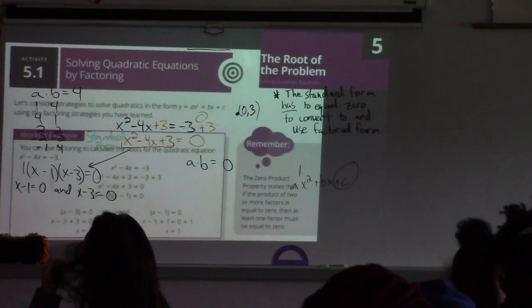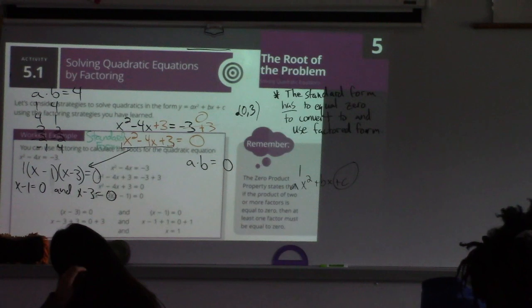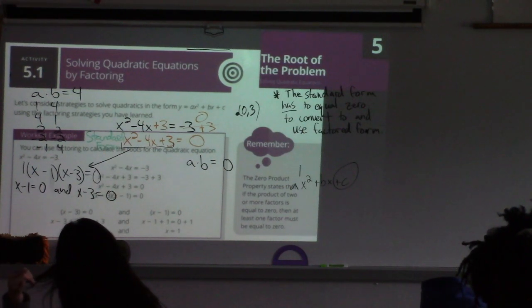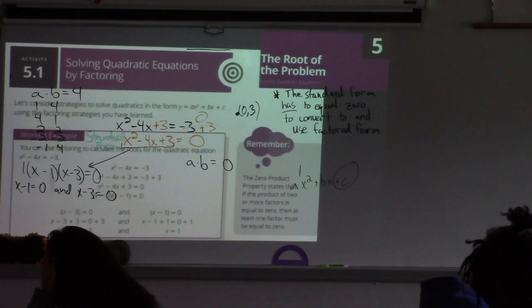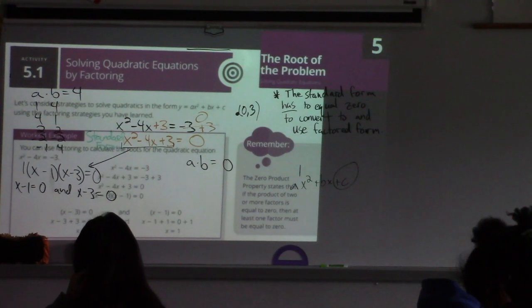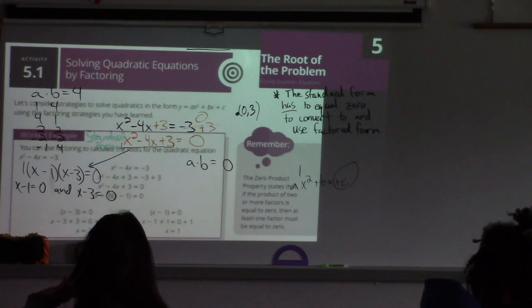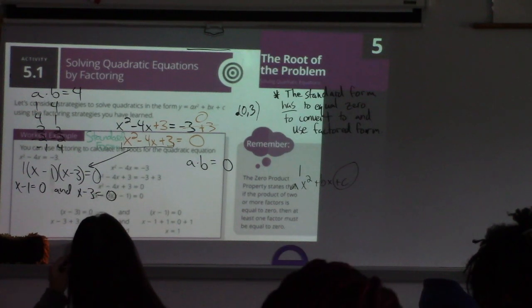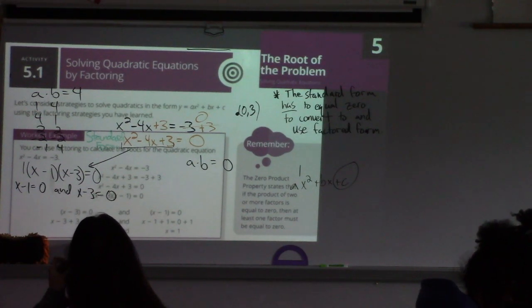If we have factored form equal to 0, you can set each factor equal to 0.